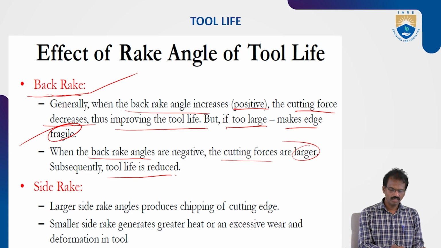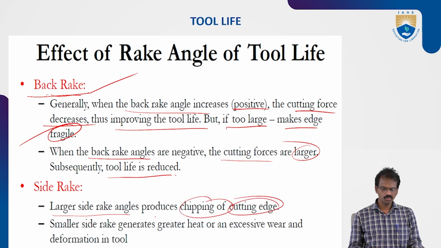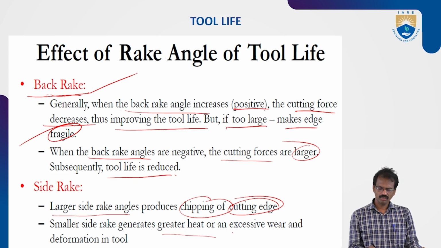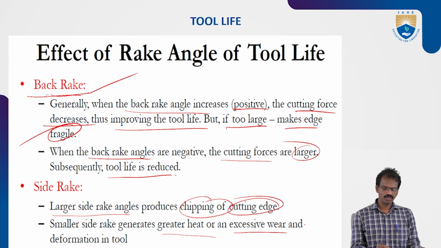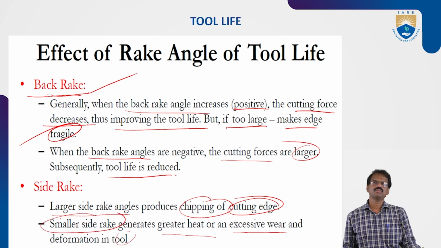Next, the side rake angle. A larger side rake angle produces chipping on cutting edges. A smaller side rake angle generates greater heat, causing excessive wear and deformation of the tool. That heat reduces the hardness of the tool material, which leads to an increase in wear rate.